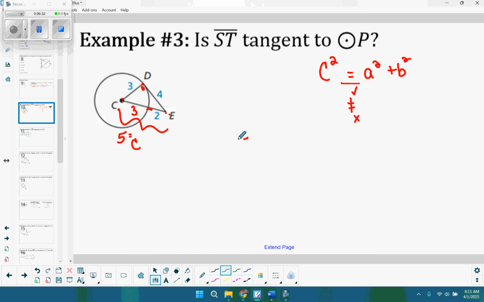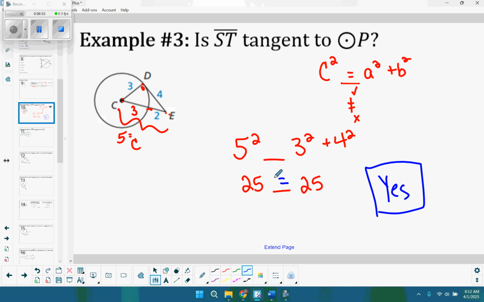So we're going to use 5 squared is equal to, my other two sides are 3 and 4. So that's 25 equal to 9 plus 16, which is 25. So these are in fact equal. So there was a right angle there. So yes, it is tangent.